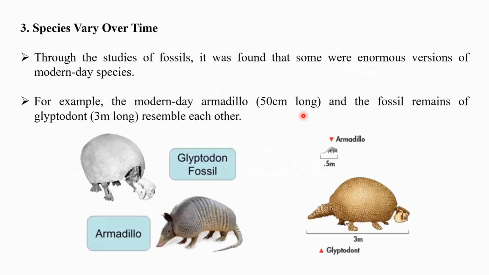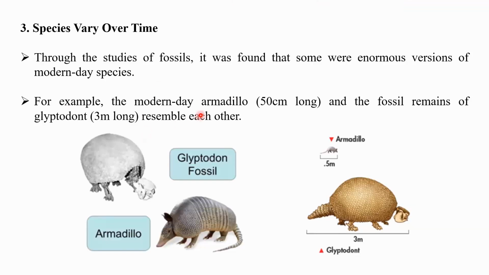The third point that I mentioned was that species vary over time. So we know that from the time of evolution, there are many species that have evolved continuously with time. Through the studies of fossils, it was found that some were enormous versions of modern day species.